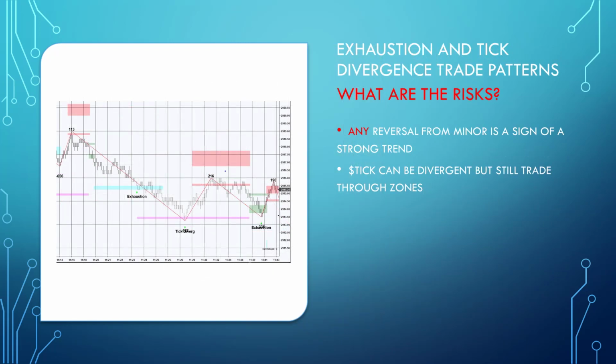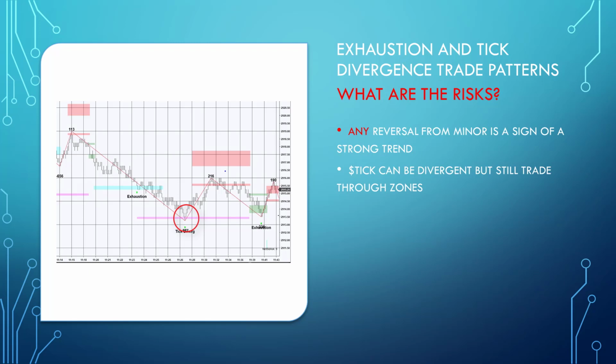So what are the risks in an exhaustion and tick divergence trade pattern? The first two risks are that any reversal from minor is a sign of a strong trend, and price can trade through that blue counter trend support zone and down to at least a pink strong trend support or resistance zone.